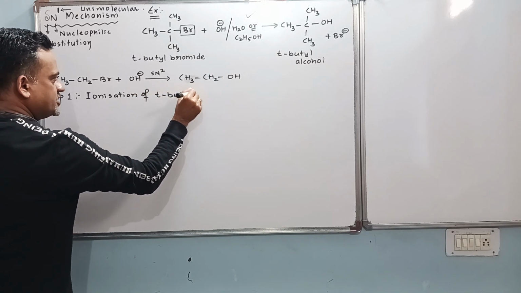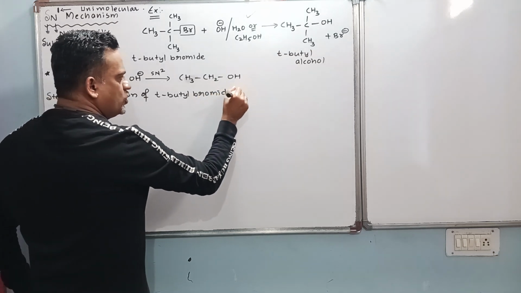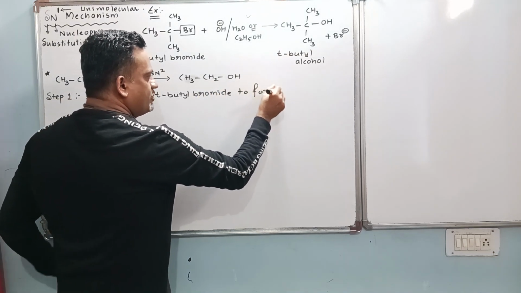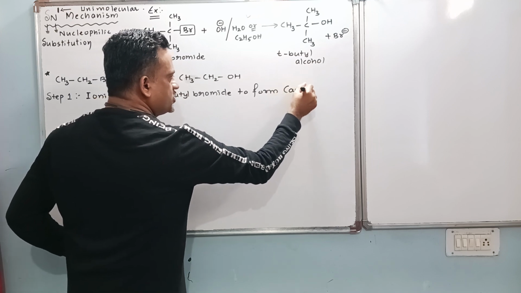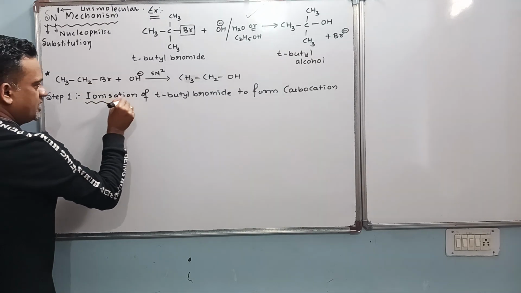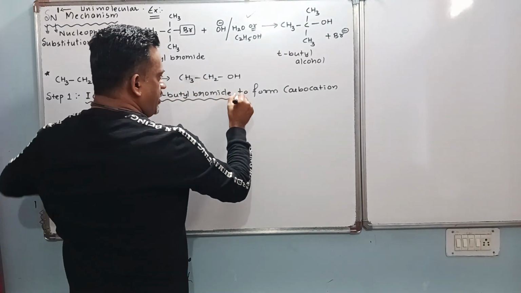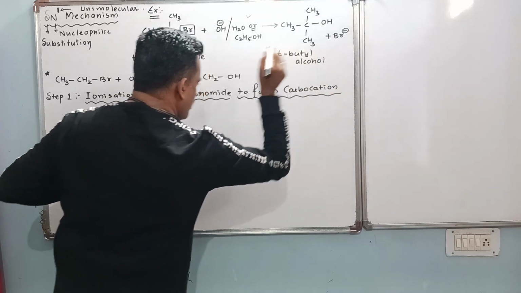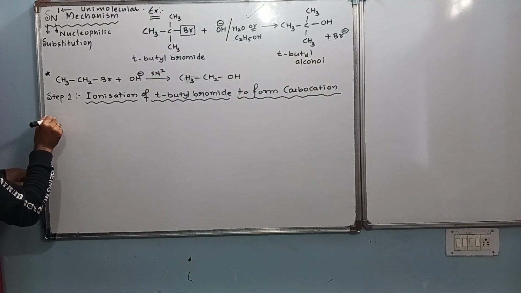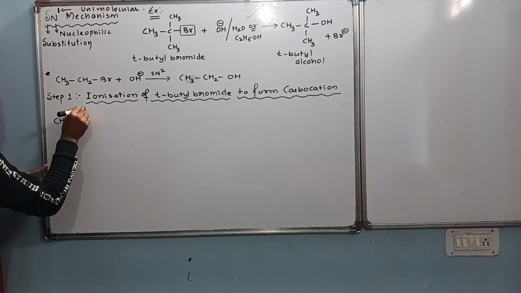There will be ionization of tertiary butyl bromide to form a carbocation. So this is the first step, right? What happens in the first step? Ionization of the tertiary butyl bromide to form a carbocation. So let us see how that happens. Let us consider the tertiary butyl bromide.